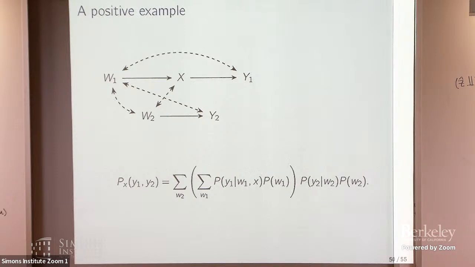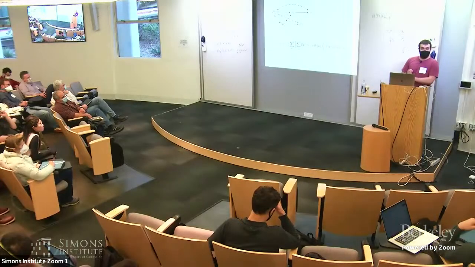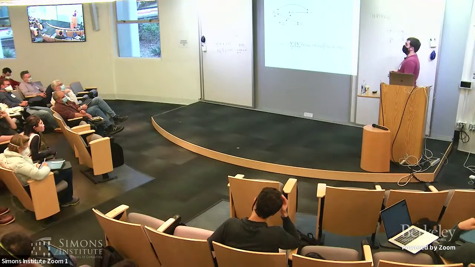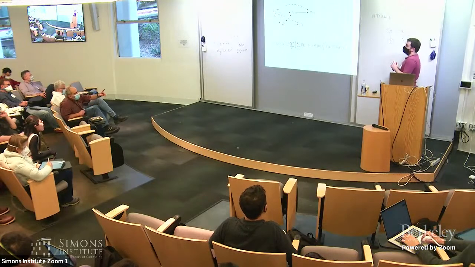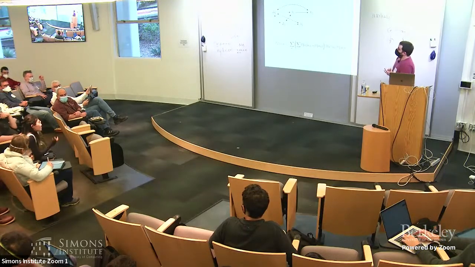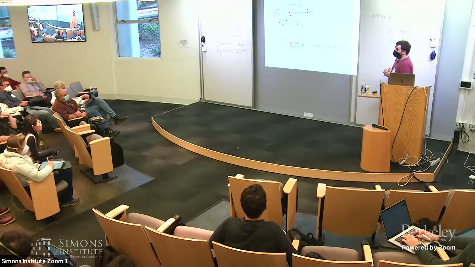It's actually from the paper in which the ID algorithm is introduced, and he describes a realistic sounding setup that leads to this graph, as to why you'd be interested in looking at the effect of X on Y2 when it doesn't seem like it would have any obvious effect, given that there's a path through Y1, not to Y2. W2, right? W2, but that's a hidden one, and it's not a path from X.